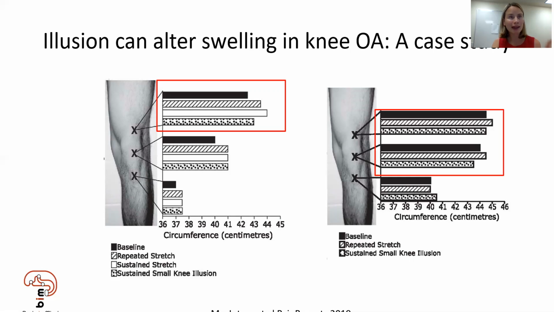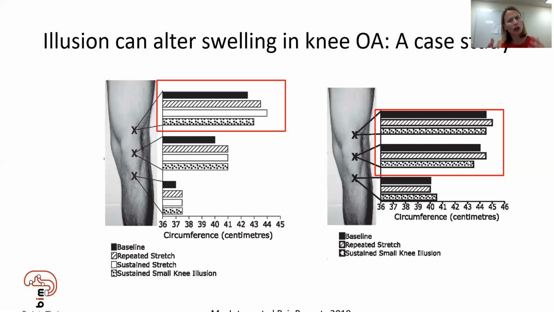So when he came back the next time, again the baseline condition, then the repeated stretch illusion, again an increase in swelling. And when we did the sustained small knee, where we had him look at that small knee and leg for a while, swelling reduced.